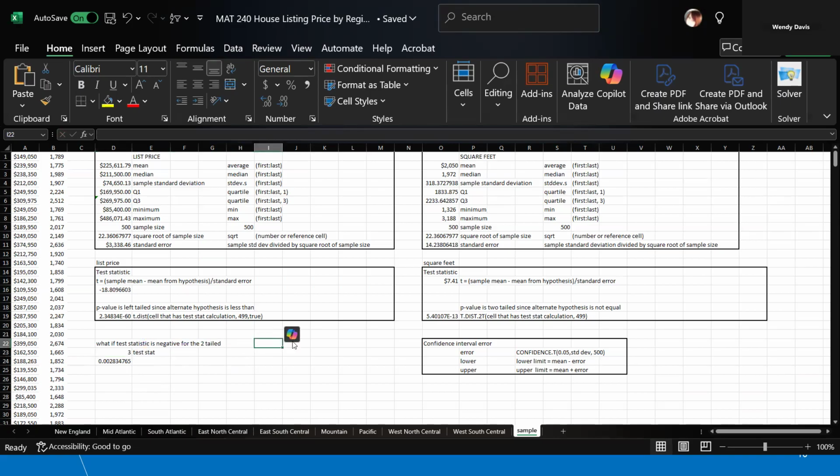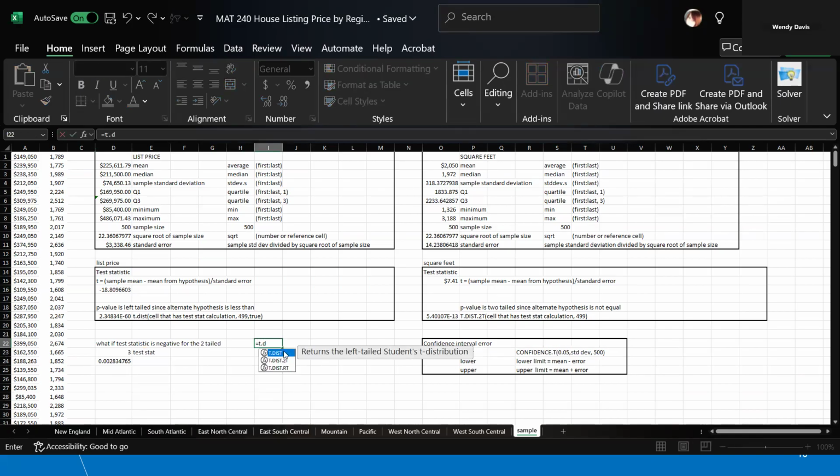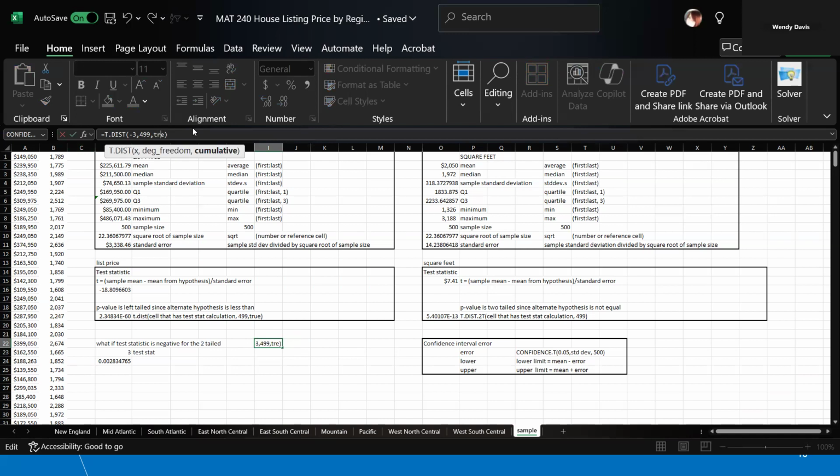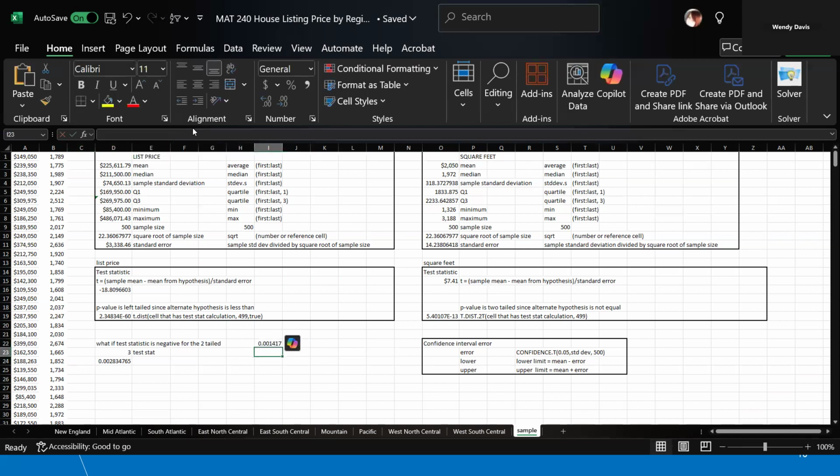Or you can find the left tail of -3, degrees of freedom, cumulative is true. Well, you got to type true correctly. True. So this is the left tail, the probability that t is less than -3.